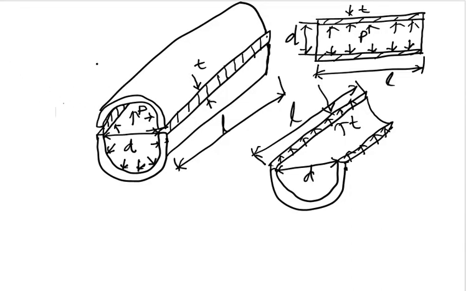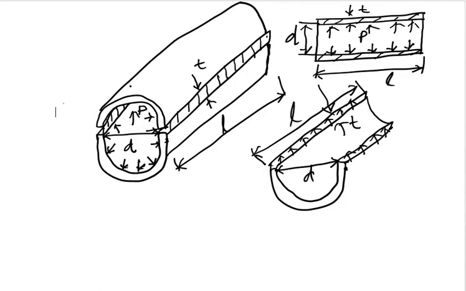Here you will have a thin cylinder. We will derive the expression for hoop stress or circumferential stress and longitudinal stress of a thin cylinder subjected to internal pressure P, correct?